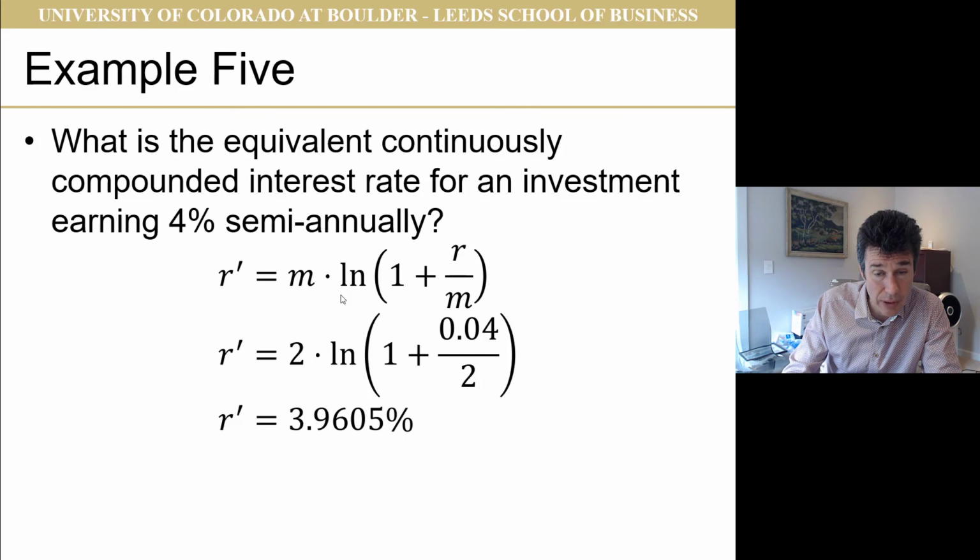So, what does this mean? If I take any investment and I have it earn 4% on a semi-annual basis for some time in the future, equivalently, I could look at that investment as earning 3.9605% continuously compounded, and I will always get the same answer. What's the investment worth in the future, or what's the present value of a future cash flow?